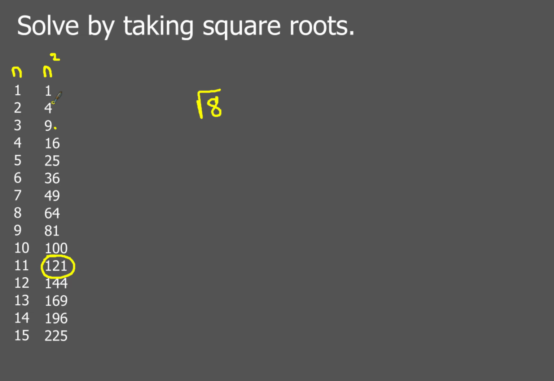So now I want to go to 4. And I ask myself, does 4 go into 8? Why, yes it does. 4 goes into 8 twice. So the square root of 8 breaks down to the square root of 4 times the square root of 2. Now the square root of 4 is 2, so that's just going to give me 2 times square roots of 2. So that's one idea that we're going to work with here.